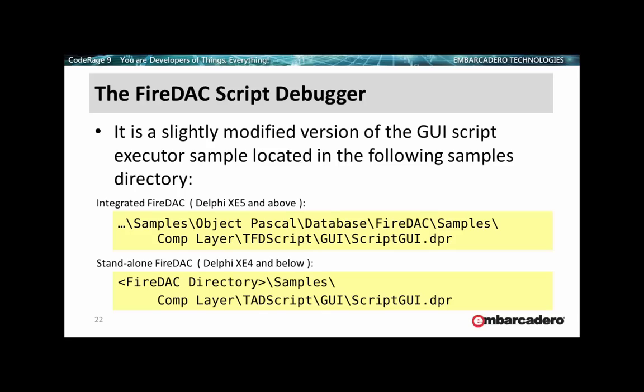If you have integrated FireDAC, which ships with Delphi XE5 and above, it'll be in the first directory shown. If you have the standalone FireDAC version, which ships with Delphi XE4 and below, it'll be in the directory shown at the bottom.